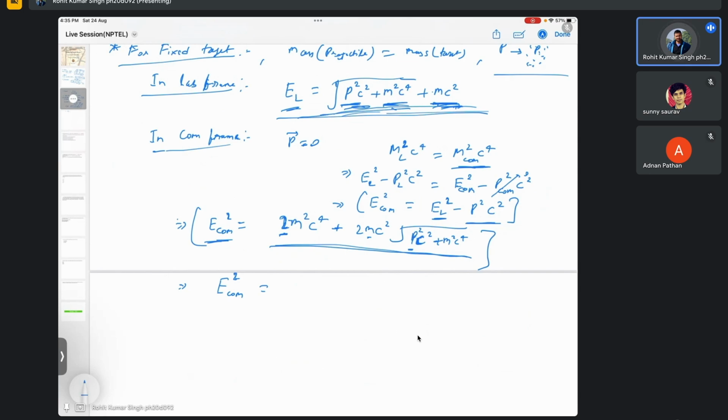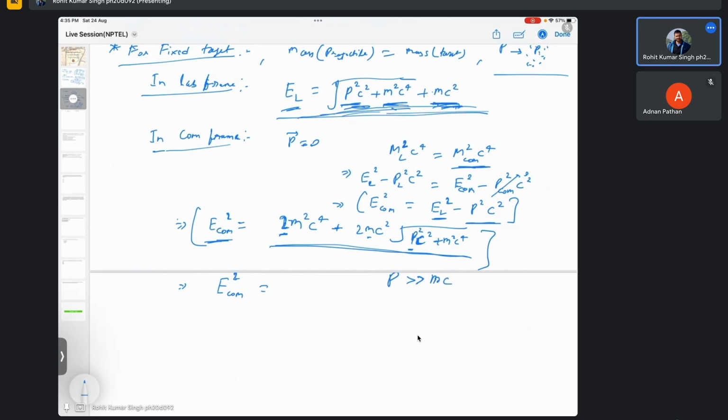Now, in these types of experiments, we accelerate the projectile to a very high energy, to a very high momentum. That means P is very much greater than M, like, you can write it as MC to match the dimension.